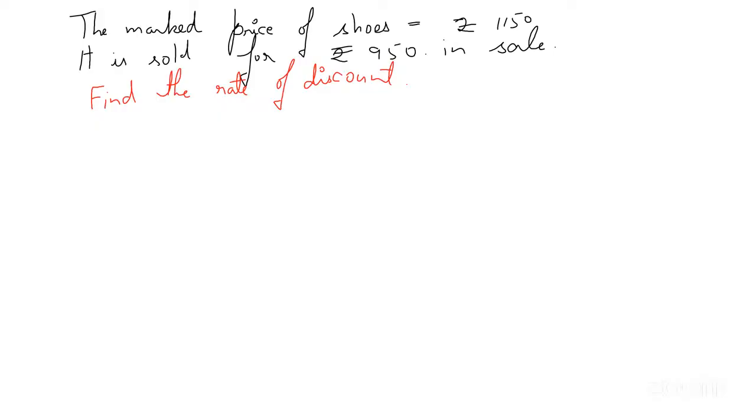The original price of the shoes was 1150, and it is sold for 950 in the sale. That is my selling price. What I have to do is find out the discount percent, or what percent the discount is given at.